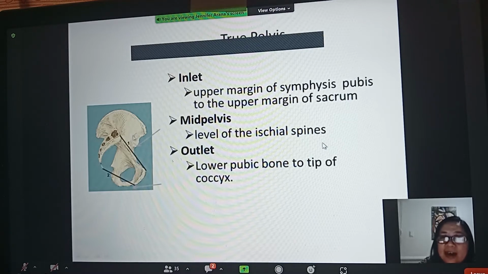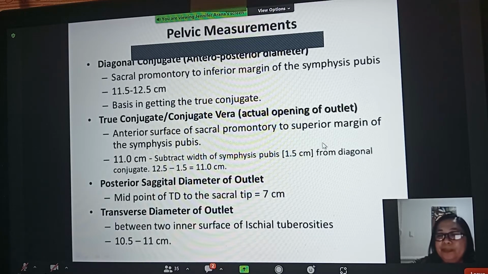The inlet is the upper margin of the symphysis pubis to the upper margin of the sacrum. The mid-pelvis, on the other hand, is the level of the ischial spine, this one. And the outlet is found at the lower pubic bone to the tip of the coccyx. Okay? So these are the parts of a true pelvis.